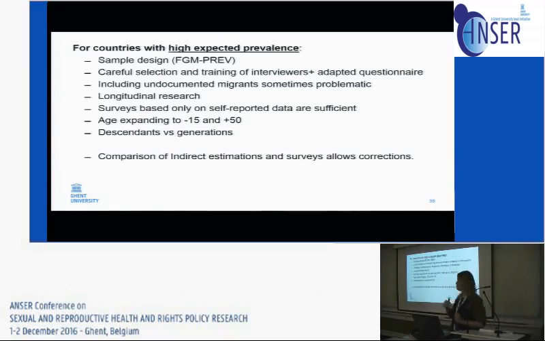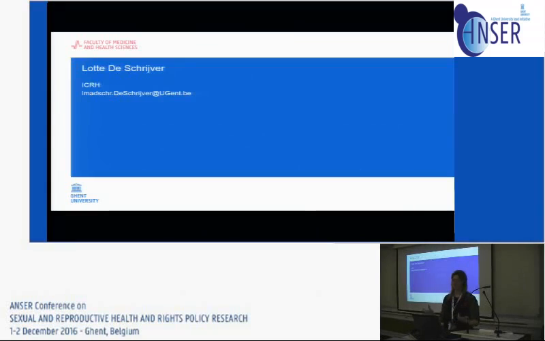And we would also suggest expanding the age and using good definitions for descendants and generations and so on. The comparison of an indirect estimation and surveys allows to do these corrections. So if you expect a high prevalence, then do both. That's it.